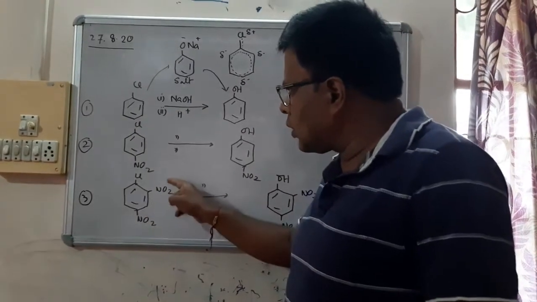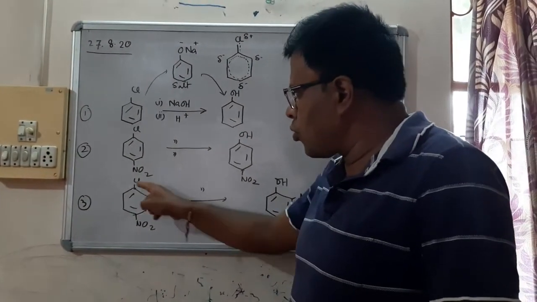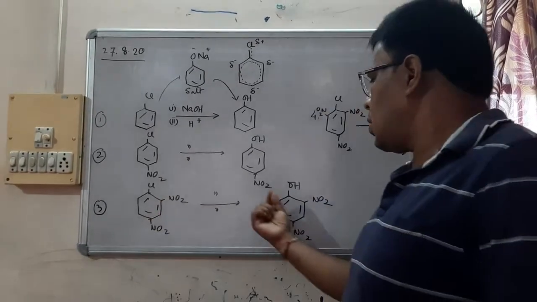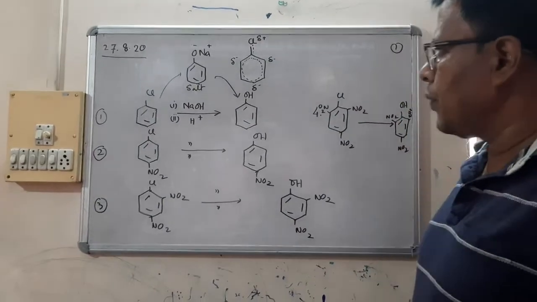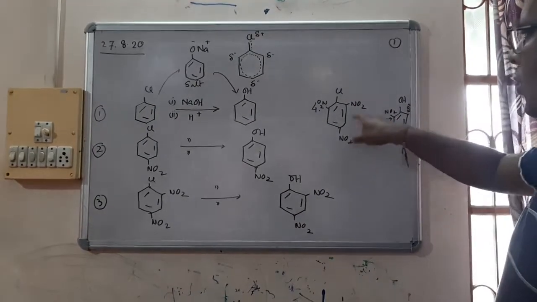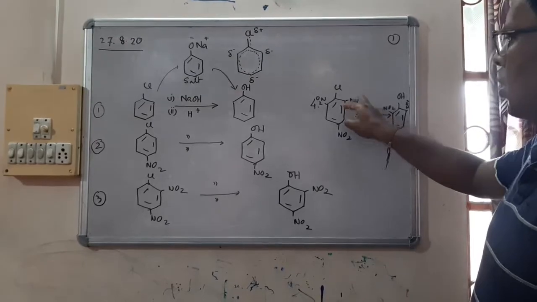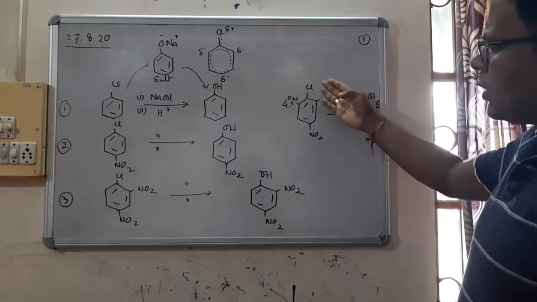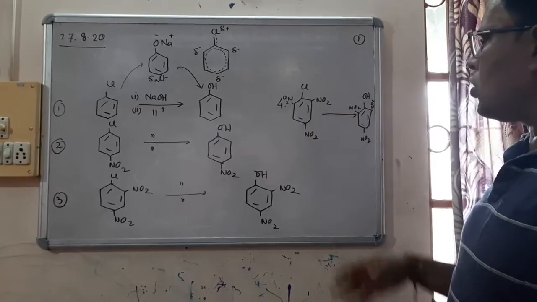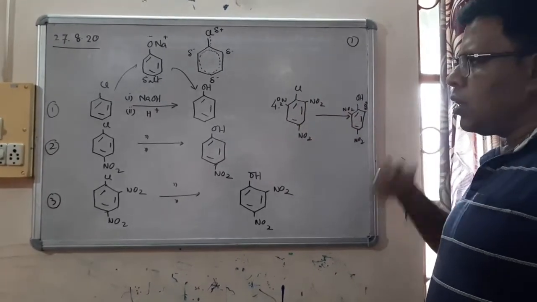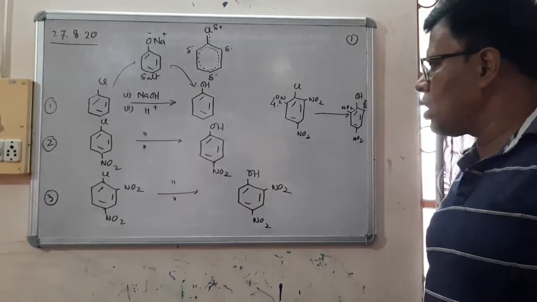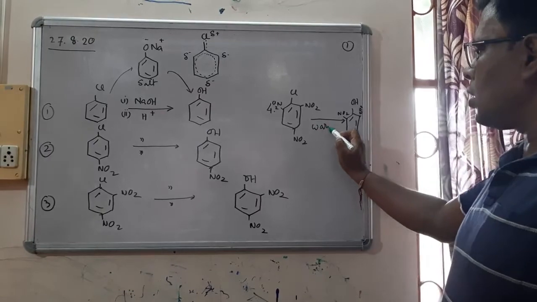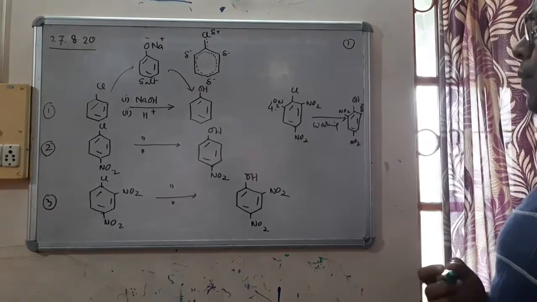If another NO2 group is brought into the compound, we see that the reaction happens more easily. And finally, when there are three NO2 groups, two at ortho and one at para, then we see that this reaction takes place on just warming the solution. In all these cases, high temperature is required. But here, just on warming, this reaction takes place.